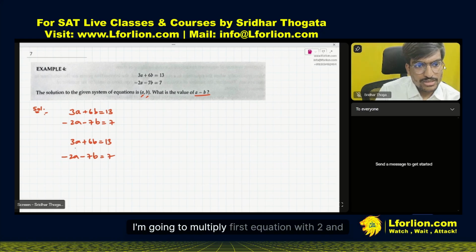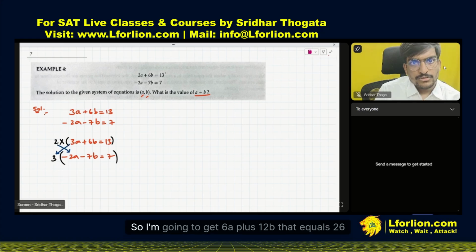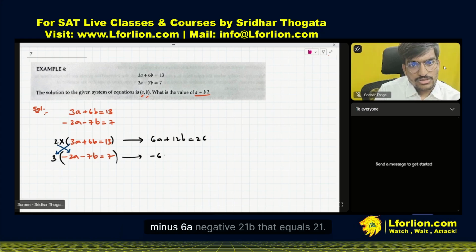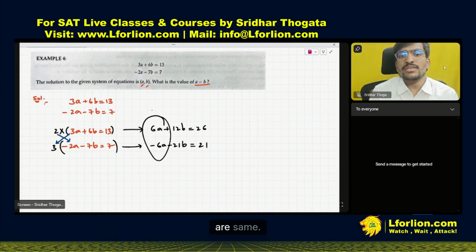I'm going to multiply the first equation by 2 and the second equation by 3. So I get 6a plus 12b equals 26, and negative 6a negative 21b equals 21. By doing this, you can see clearly your a terms are the same.